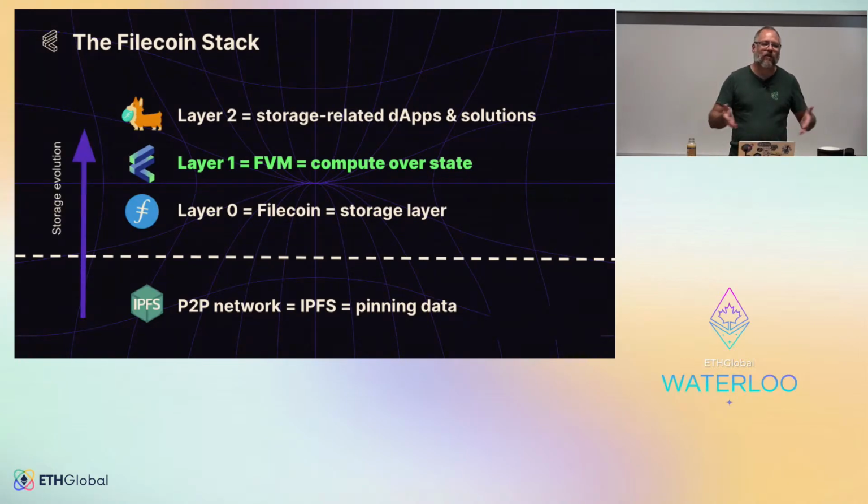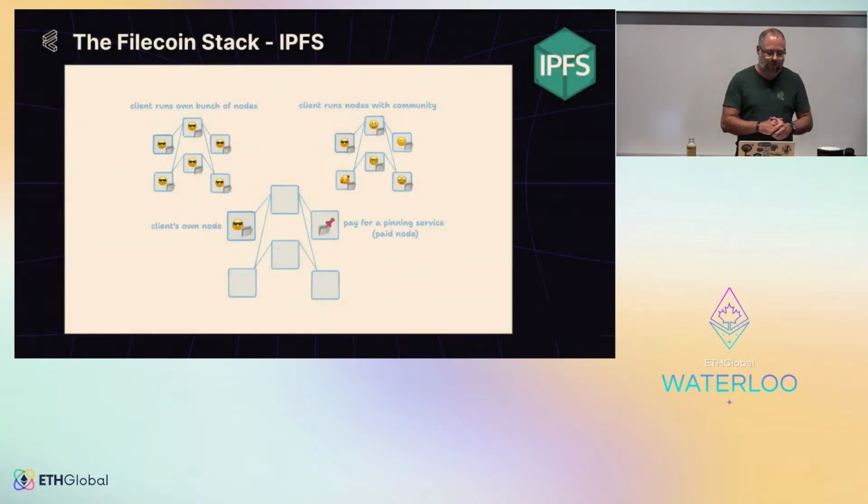So this is the evolution of storage, starting from things like IPFS, which is now about 8-9 years old, through to Filecoin, which is now about 3 years old. The FVM was launched earlier this year in March, and so these are the evolution of decentralized storage. I talked about the different approaches, and if we look at, for example, IPFS, it gives you various ways in which you can store your data.